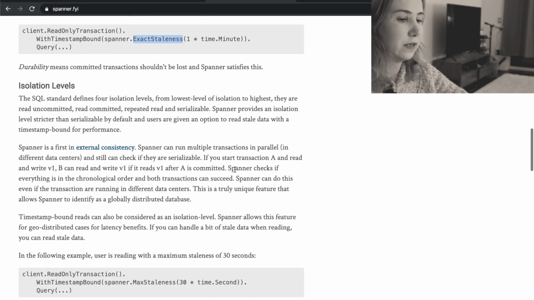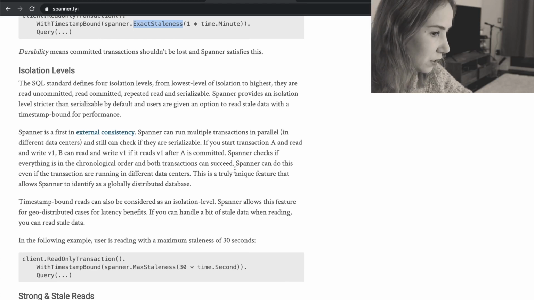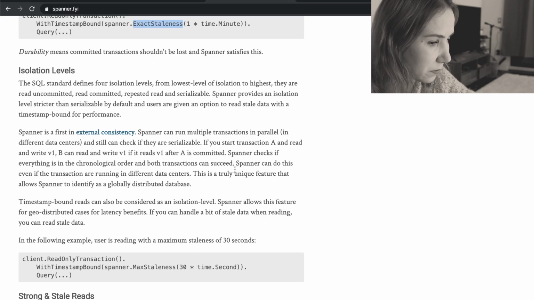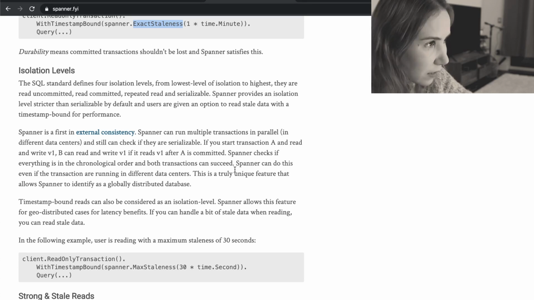So yeah, I said isolation levels, and I also tried to briefly explain, took some notes. I'm definitely not at this point knowledgeable enough to explain all the underlying concepts here, but there are a few things that I can explain. The first thing is the SQL standard isolation levels. From the lowest level to the highest, there's read uncommitted, which means that you can read uncommitted data in transactions, but this is the weakest level of isolation.